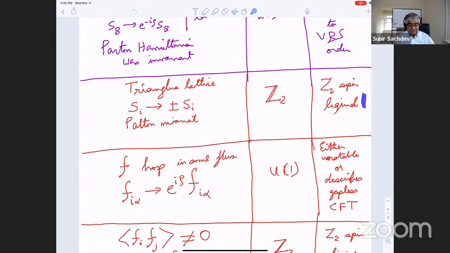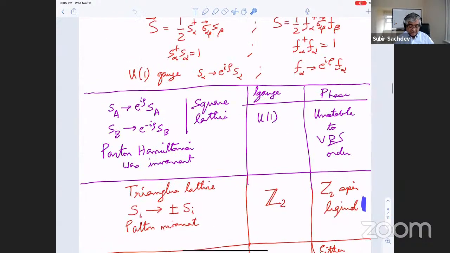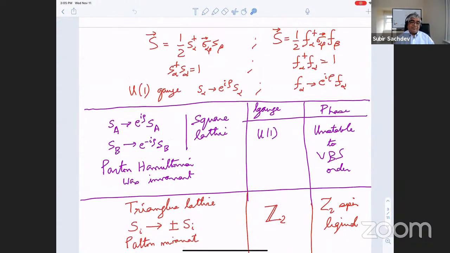We can start from the bosons S and just pair them up and then get the gap state, and you get a Z2 spin liquid, which is what we did on the triangle lattice. And then the S boson itself becomes the e particle of the Z2 spin liquid. Conversely, you could have addressed exactly the same Hamiltonian using the f particle, and then the f particle becomes the epsilon particle of the Z2 spin liquid.